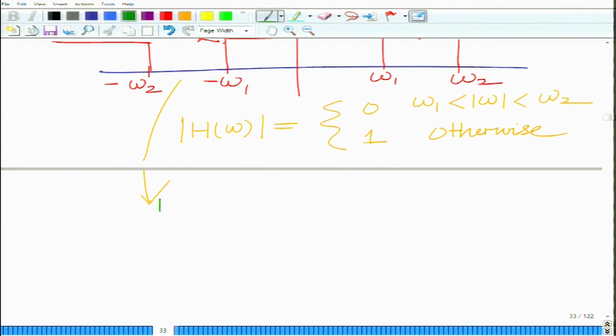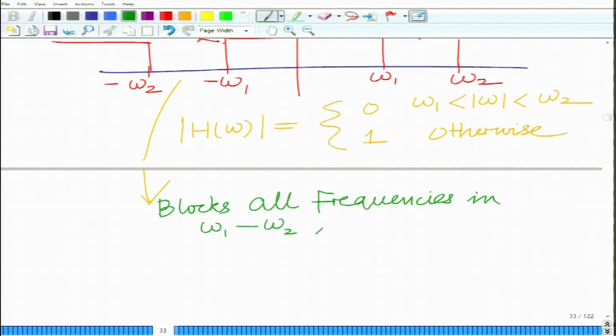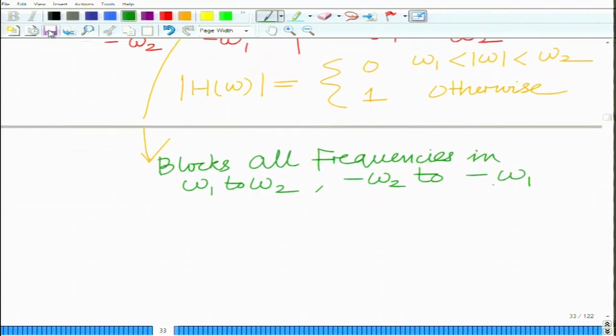So, it blocks all the frequencies in these bands. Okay.